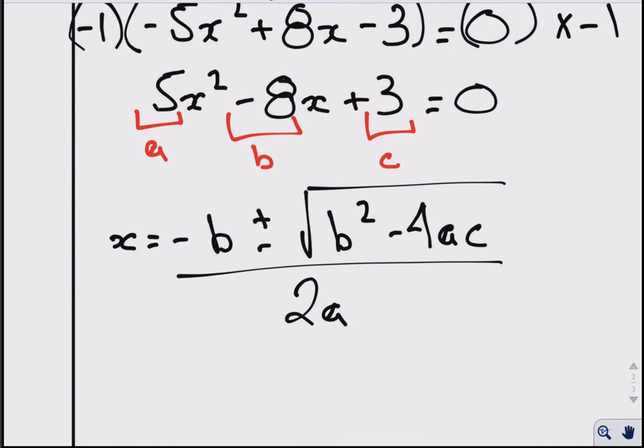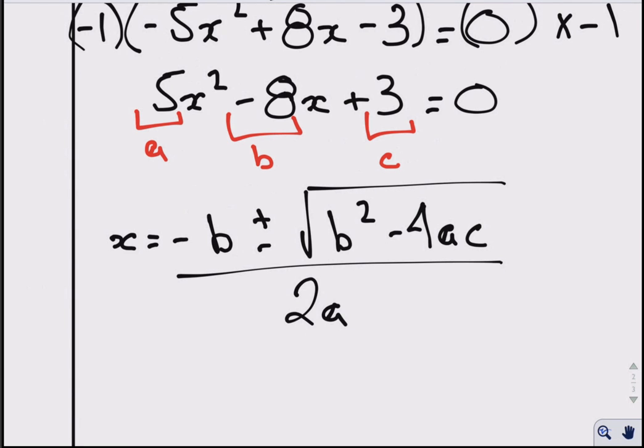And instead of rewriting the formula again, I'm just going to replace my letters with the values I've identified in my above equation. Okay, so for example, the b over here, the -8, I'm going to replace it with -8 in my equation.